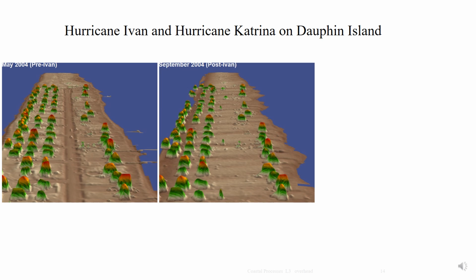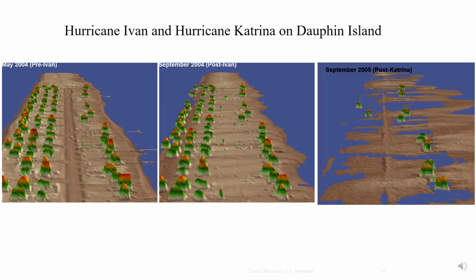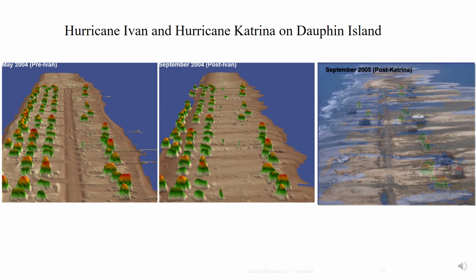Post Ivan, you can see the road has completely been covered or else destroyed by the event, and a lot of properties have simply disappeared. They've collapsed into the sea from these events. Then in post Katrina, you can see the same shot of what happens when people still insist on having properties in these types of environments, these dynamic coasts.